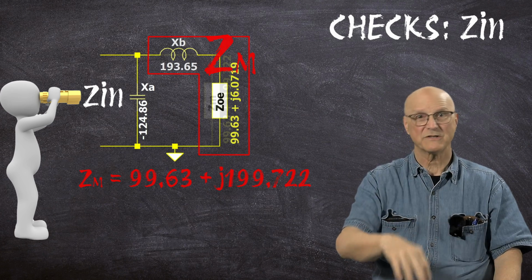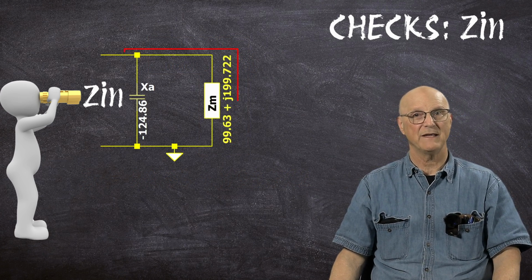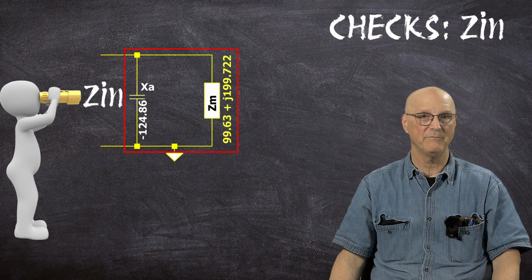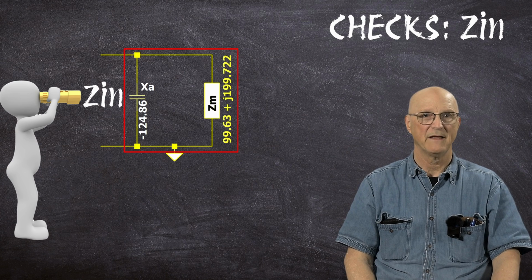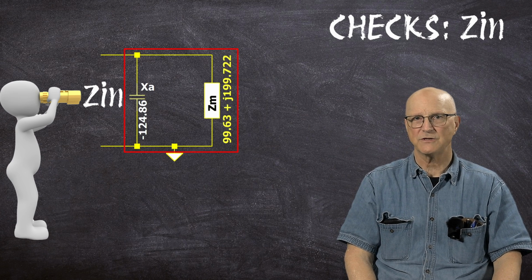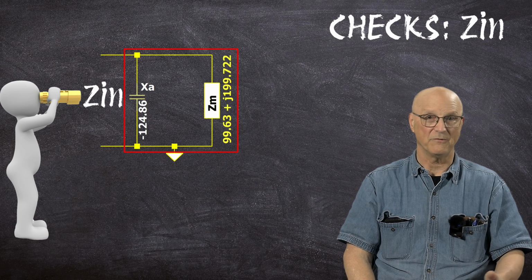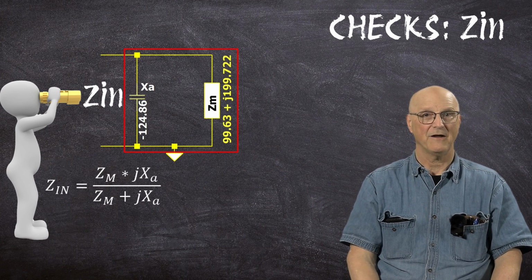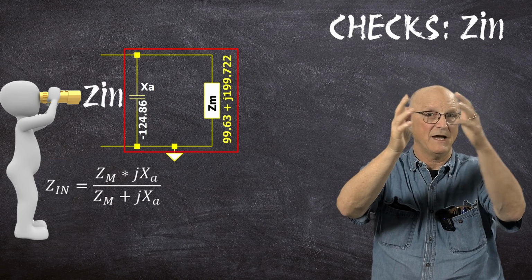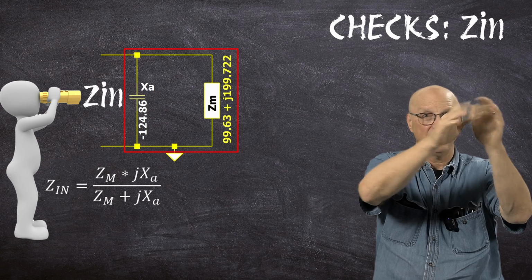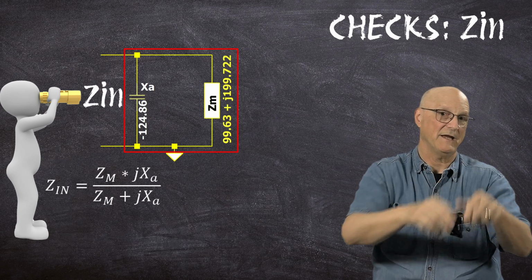Let's go back to our schematic one more time, and I can see that Zm is in parallel with our input capacitor whose reactance is XA. This parallel combination is the input impedance of our matching network. So Zn, our input impedance, is equal to Zm times jXA divided by Zm plus jXA.